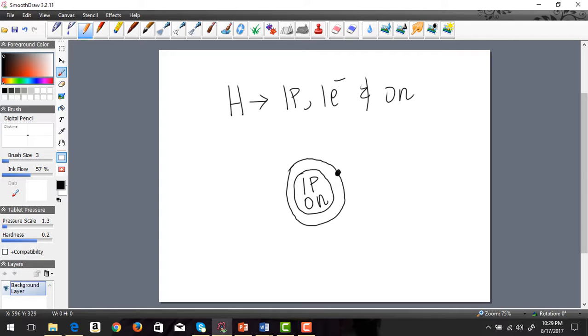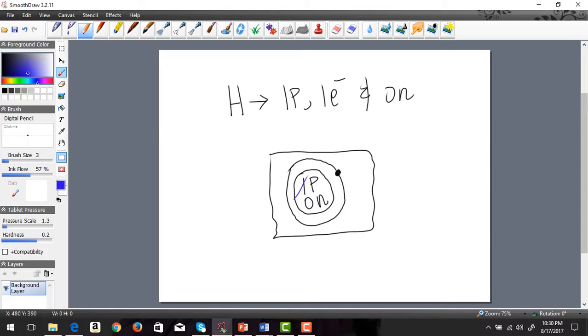Now this might lead to more confusion if I don't stop here and explain a few things. We have only 1 electron, but the purpose of this is just to show you the representation of protons, electrons and neutrons on a larger scale. Your protons and neutrons are inside the nucleus, which is this inner circle.